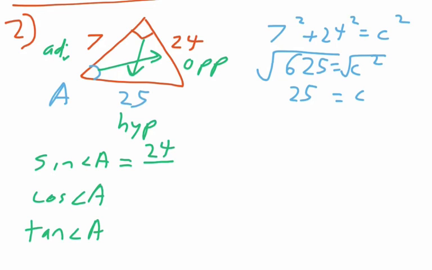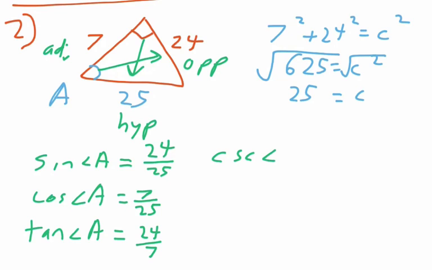The opposite is 24. The hypotenuse is 25. For the cosine, we have the adjacent over the hypotenuse, which is 7 over 25. And the tangent, we have the opposite over the adjacent, which is 24 over 7.